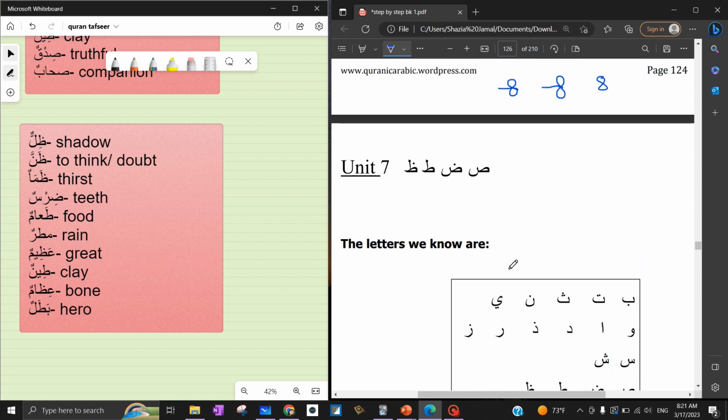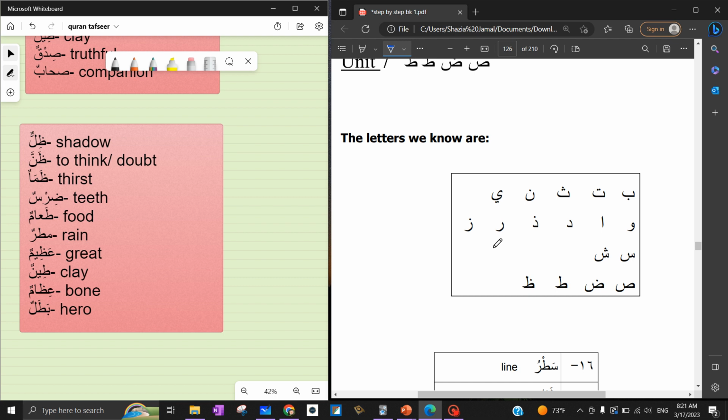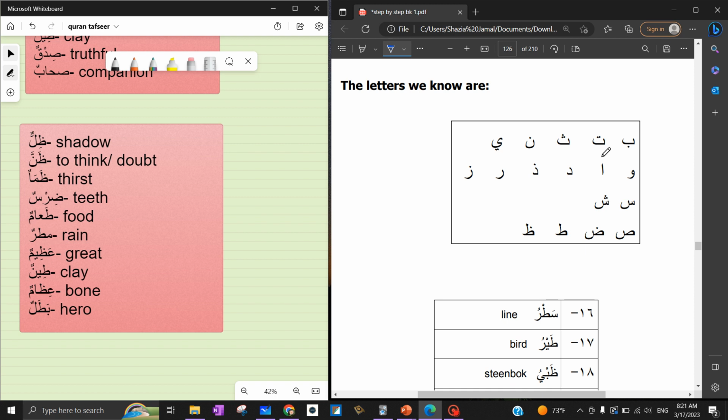So with this we have come to the end of the lesson, unit number 7, sad, dad, ta and dha. The letters we know are ba, ta, tha, noon, ya. We all did. These are all 6 non-connectors. Seen and sheen look alike, so they've been done together.